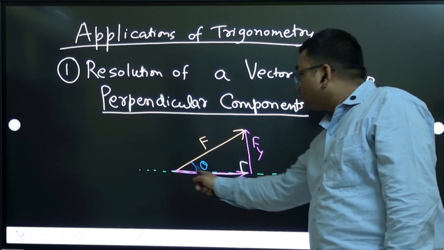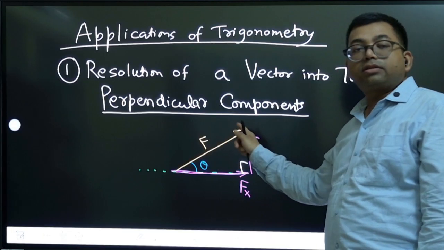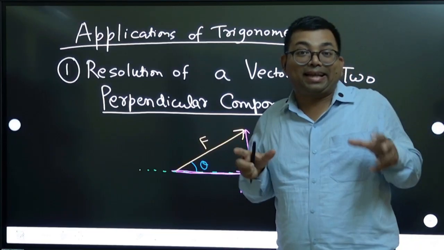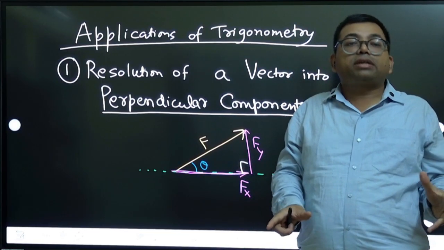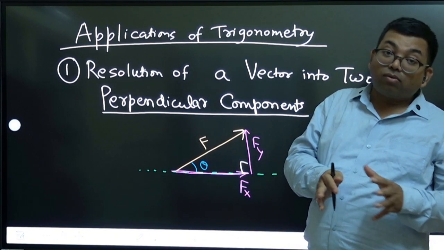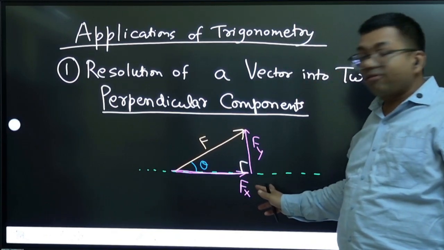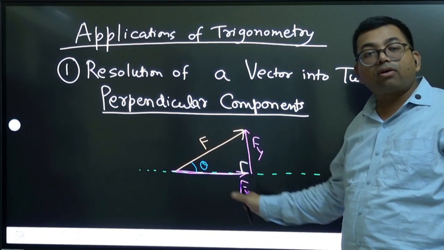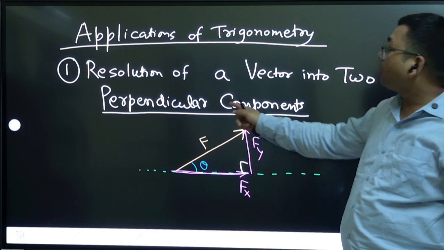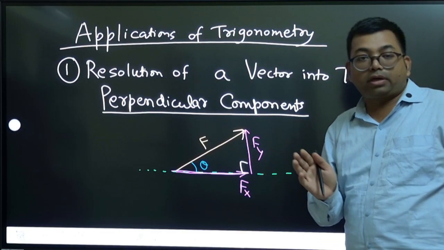So this plus this is giving us this. Okay, that is called triangle rule. It's not necessary that it has to be a right triangle. It can be any kind of triangle, right? But here we are taking this as a right triangle. Why? Because adding this Fx and Fy means they are along x and y axis, so definitely they are perpendicular. That's why we are calling them perpendicular components.